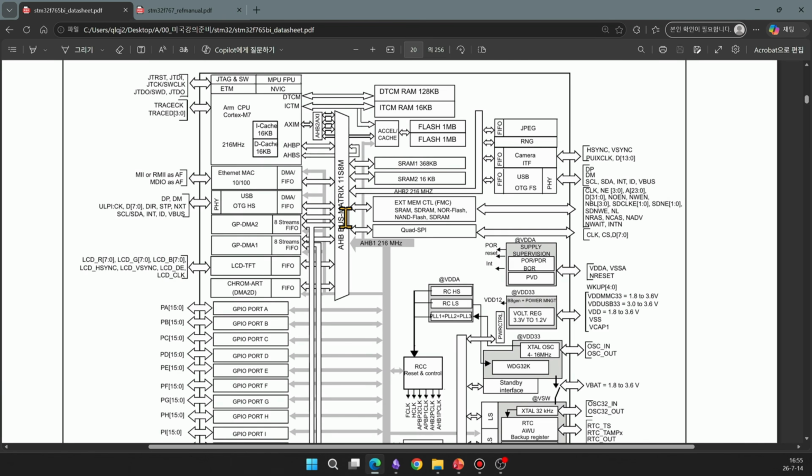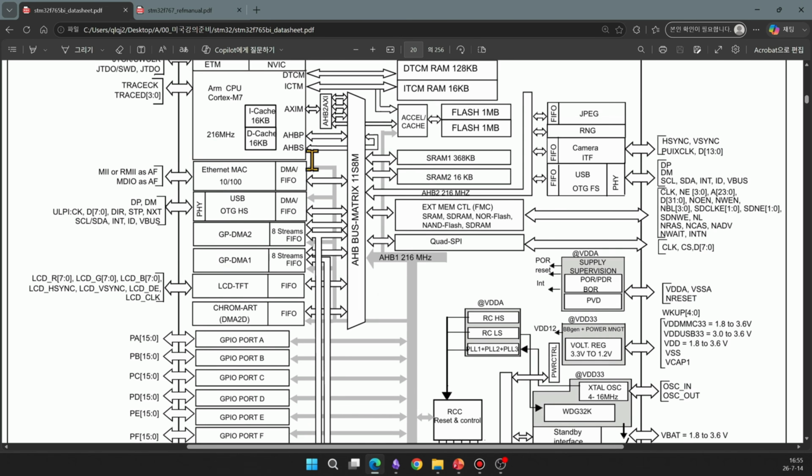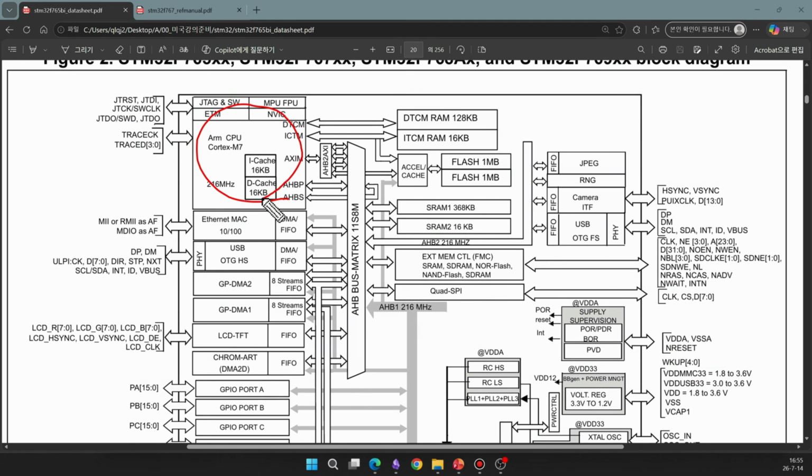And I explained that data is transmitted and received through a bus when it's exchanged. For this core to effectively transmit and receive data with its various peripherals, it relies on the AHB bus matrix, which then routes this communication through the dedicated AHB1 bus. The F7 series operates at 216 MHz, as I said. That's ultimately because this internal bus is capable of operating at a maximum of 216 MHz, which is why it was indicated as such.